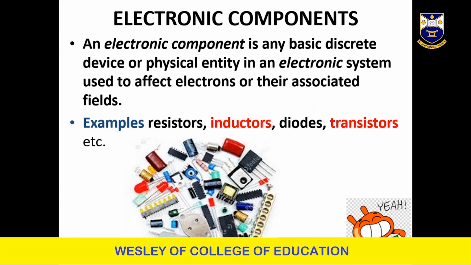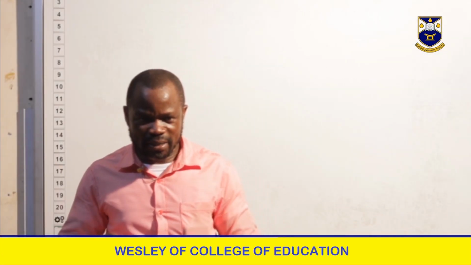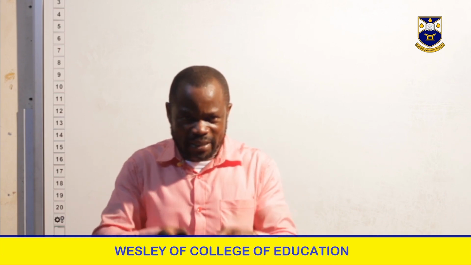Now we want to look at electronic components. So for instance, if we say television, or plasma TV, or ATM machine, or mobile phone, these devices have certain materials, particles, or substances inside which make them work the way they are working.